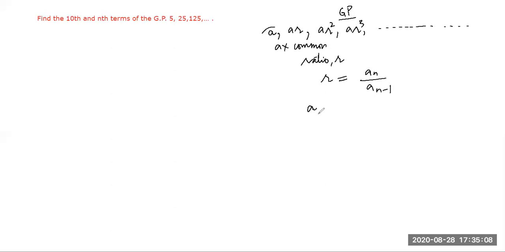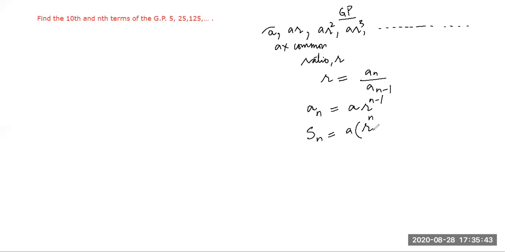So students, tell me what is the expression for the general term of a GP? An. Please tell me. AR raised to power n minus 1. Similarly, the sum of n terms in a GP is equal to A into r raised to power n minus 1 divided by r minus 1.